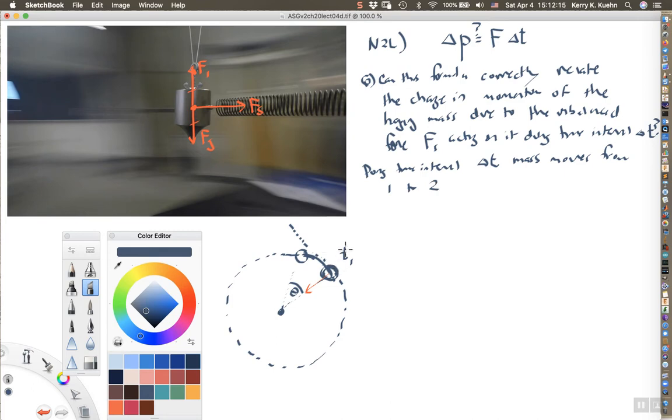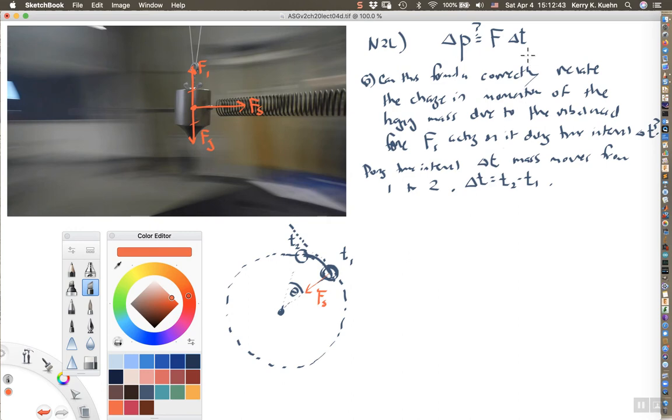So here's position 1 at time t1, and here's position 2 at time t2. So delta t is going to be the difference in time, t2 minus t1. And during that entire time interval, the spring force is acting on it. So this is the spring force that is acting on it during this time interval.